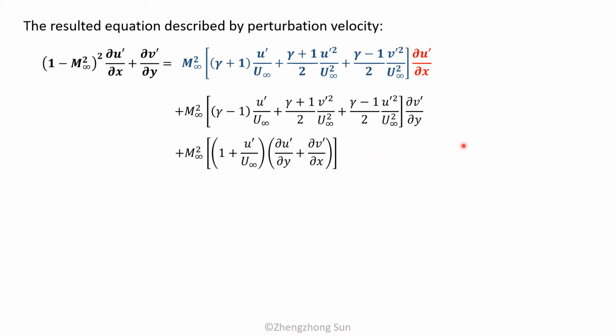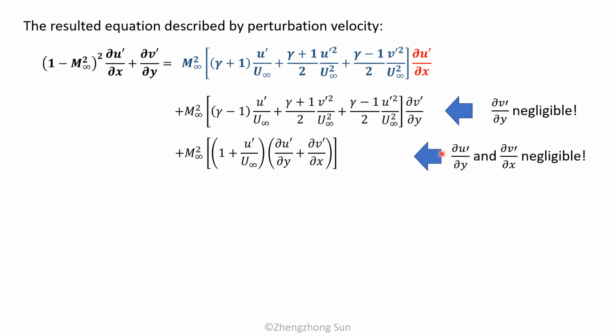So we start with the middle one, and we know partial v prime, partial y is negligible. Why is that? Consider the plot in the previous slide. Partial v prime, partial y is the local vertical velocity change along the vertical direction. For mostly subsonic, transonic, and even supersonic flow, this is true. Partial v prime, partial y is negligible.